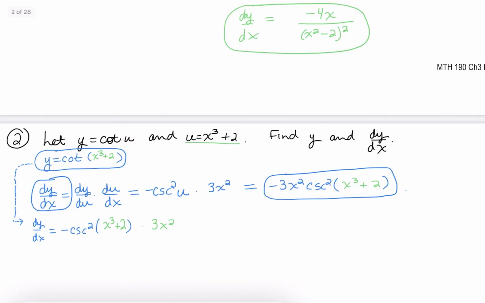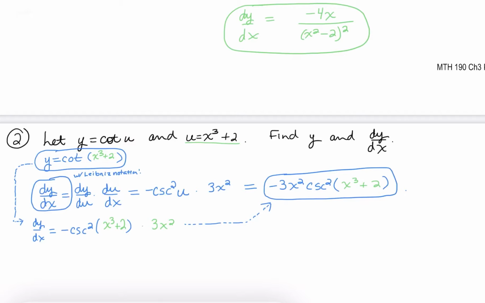I'm probably more apt to approach these problems in this type of notation, as opposed to using what you see right here, which is the Leibniz notation. But obviously that's perfectly valid and fine, and good to see both. All right, let's get into some more examples then.